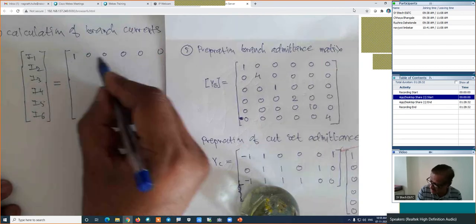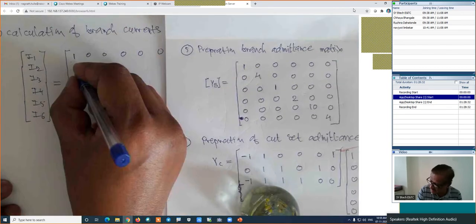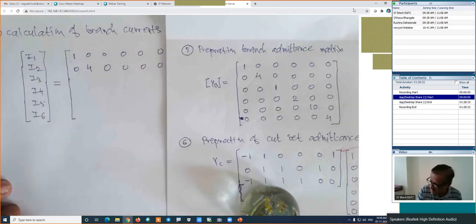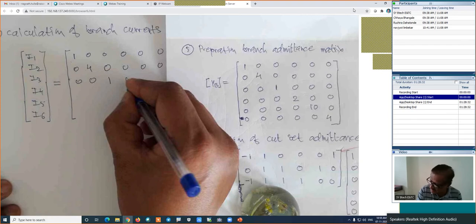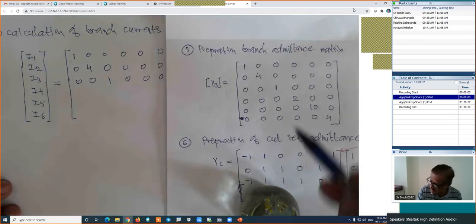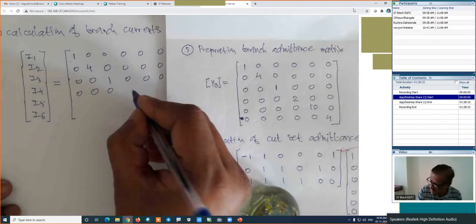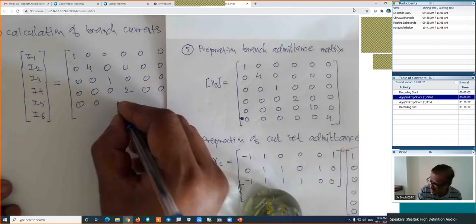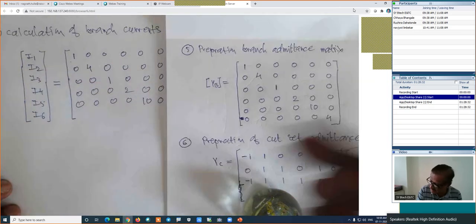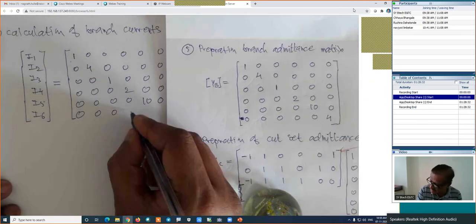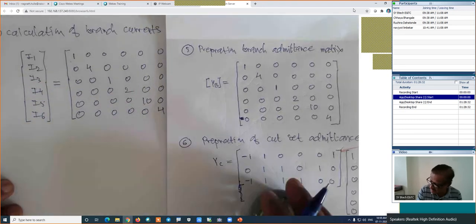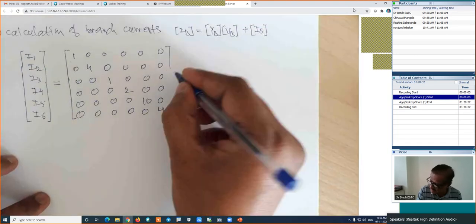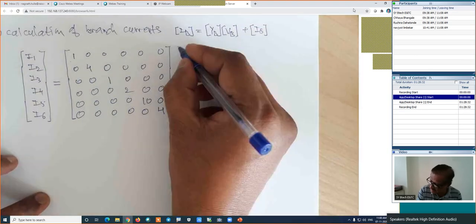The diagonal values are 1, 4, 1, 2, 2, 10, 10 and 4, and the other entries are 0. We have copied that branch admittance matrix, and it is multiplied into VB.